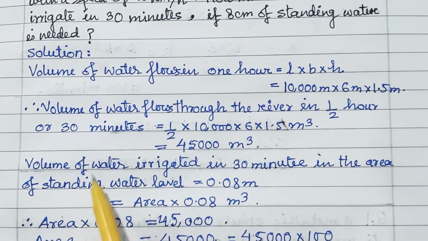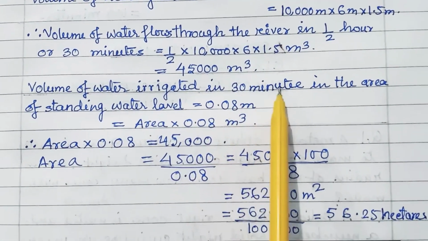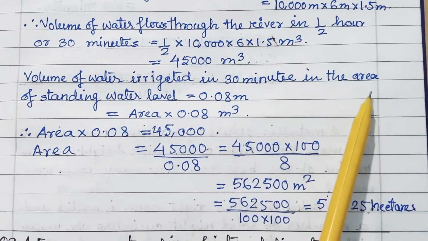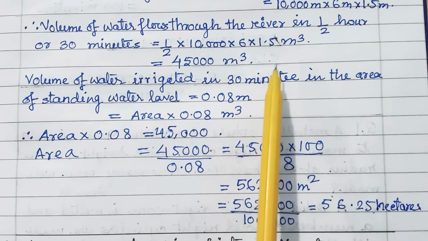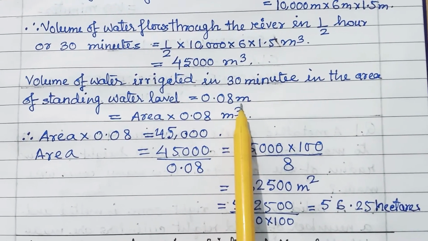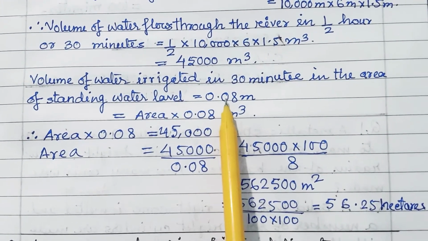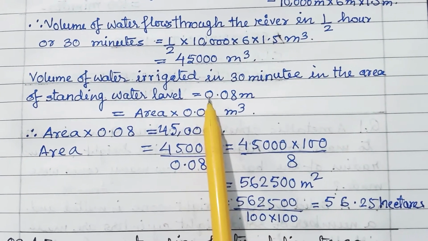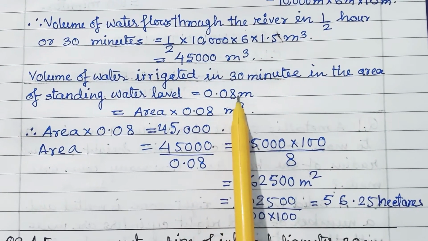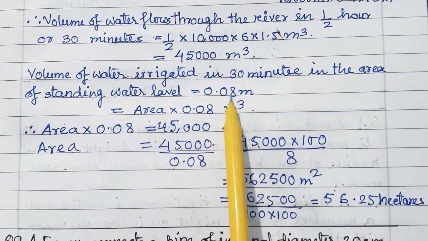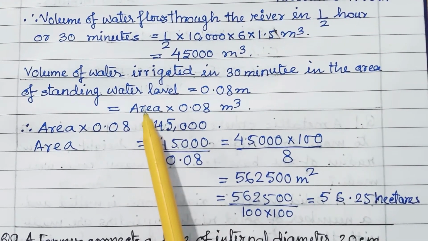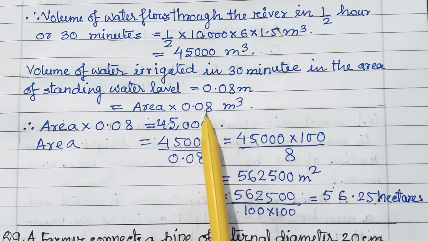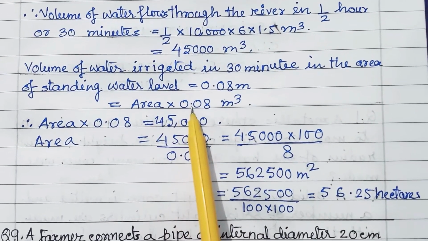Now for the volume of water irrigated in 30 minutes, the standing water level is given as 8 centimeter, that is 8 upon 100, so 0.08 meter. Area into height is the volume.